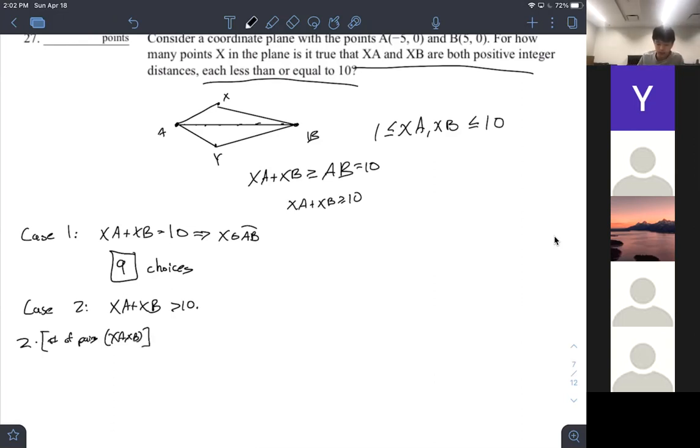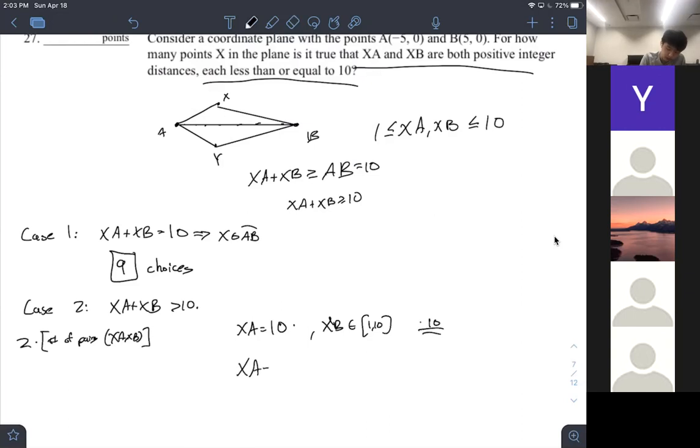And so now let's try and find the number of pairs XA, XB. If XA equals 10, then XB can be any value between 1 and 10. So this gives you 10 choices.